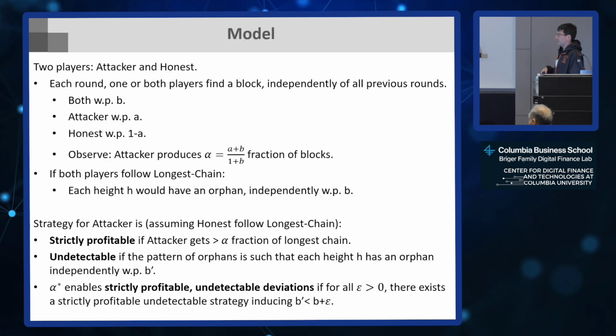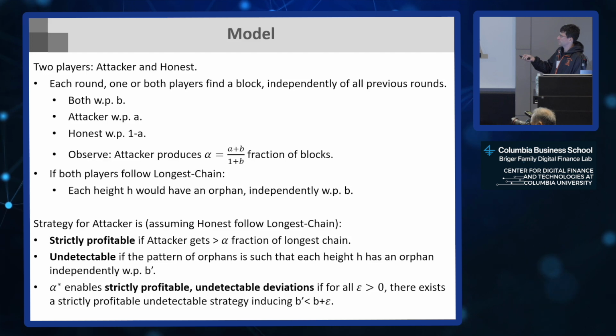Maybe you don't want a strategy that suddenly doubles the rate of orphans, because someone will probably detect that and that makes you scared. But if you can get as close to the natural latency as you want and still be strictly profitable, there's probably some range in there that you'd be comfortable with.